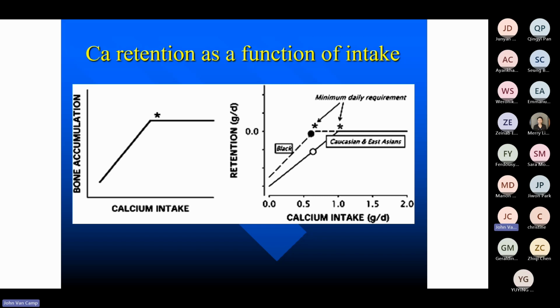So there, the resistance is a little bit higher, meaning that these persons are a little bit more resistant towards osteoporosis. And this is the same here on the left side. So bone accumulation is actually induced if you go beyond the threshold value.